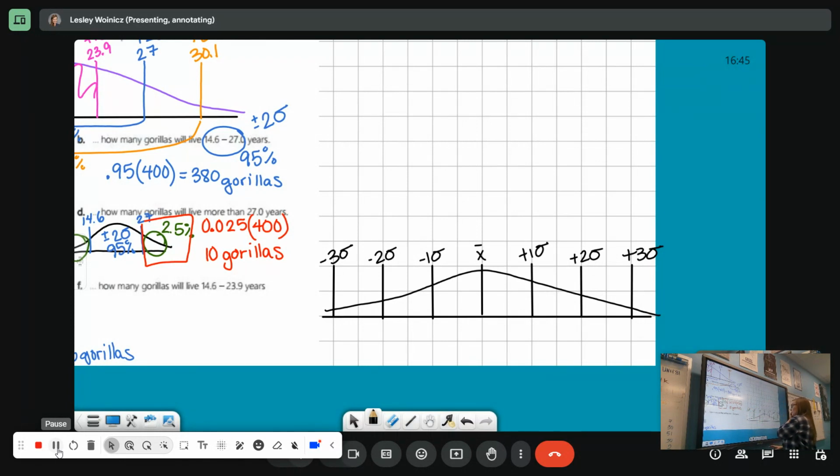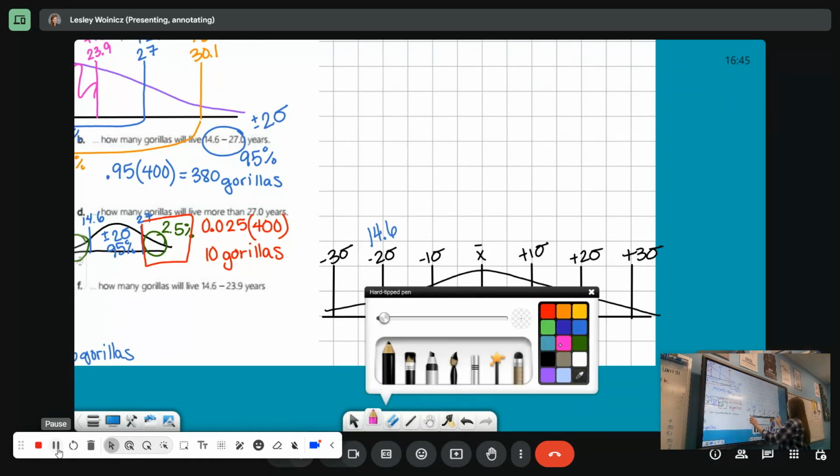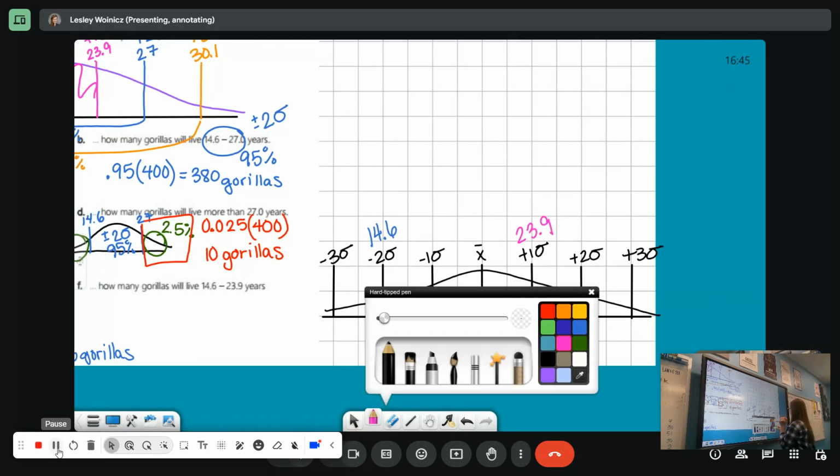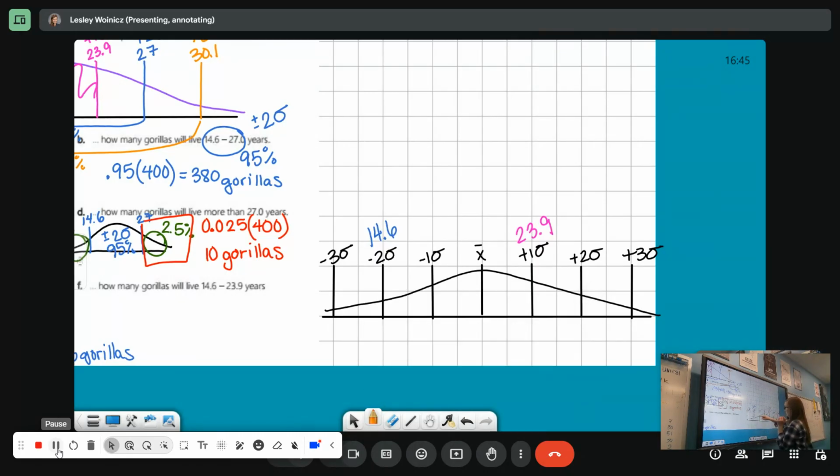Okay, so the 14.6 is here, and the 23.9 was +1. So we want to know how many of our gorillas are in this region.